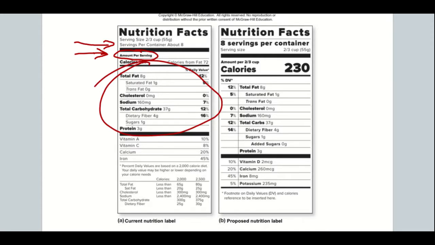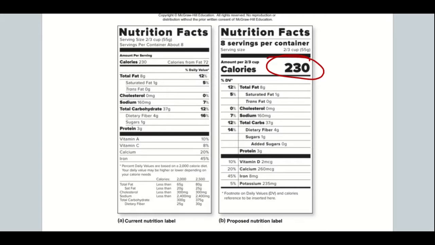So the calories are per serving. When it says total fat, that's still per serving, not per package. And down here you see some of the vitamins and their percentages. The calories on a lot of food labels are really bold, so you can see, oh, this is only 230 calories.